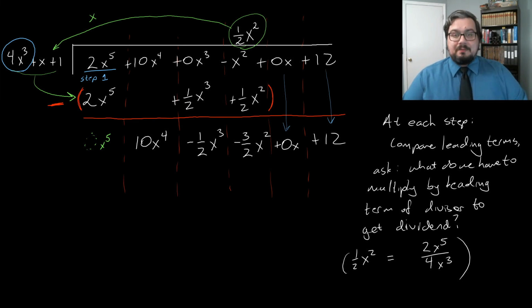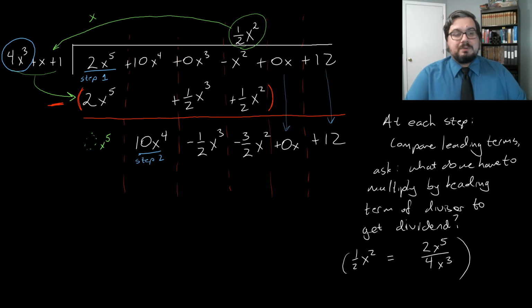So that was one step of the process. Now we keep going. At this point, we want to say, all right, what do we have to multiply by 4x cubed, the same leading term in the divisor, in order to get 10x to the fourth, the new leading term down in the dividend. So in step 2, we're comparing 4x cubed with 10x to the fourth.